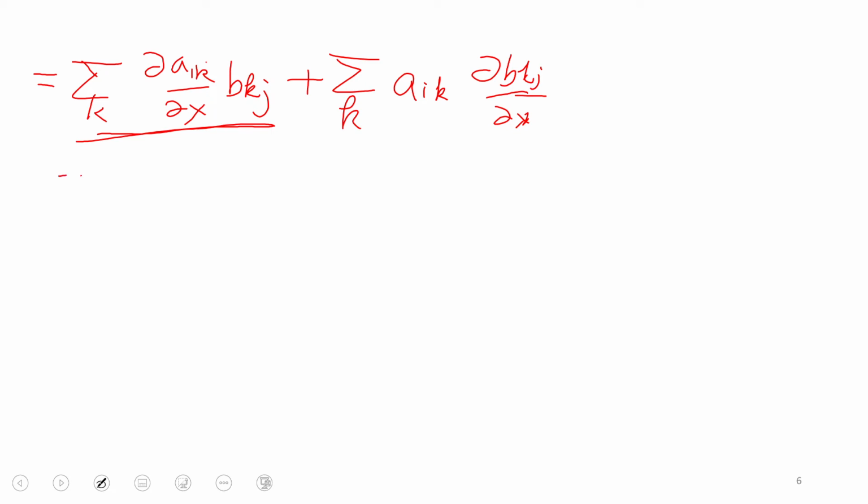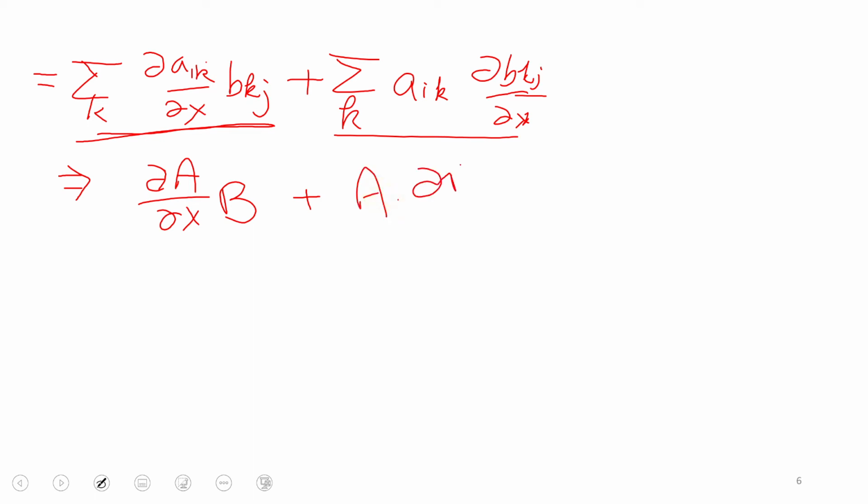If I transfer back to the matrix notation, this first term is the partial of A with respect to partial x times B, and this term is A times the partial of B with respect to partial x.